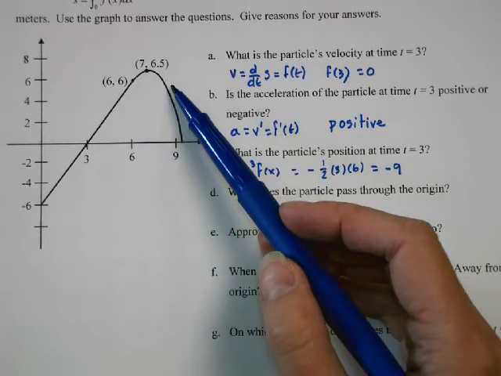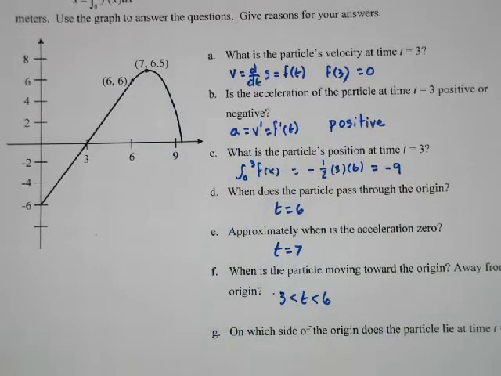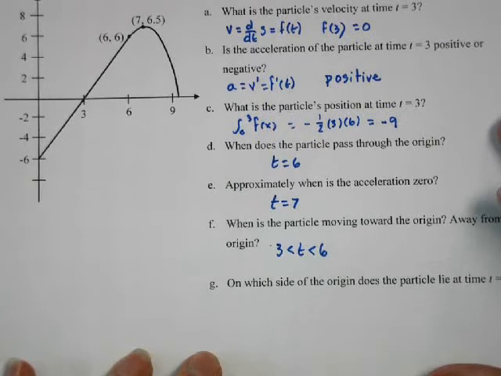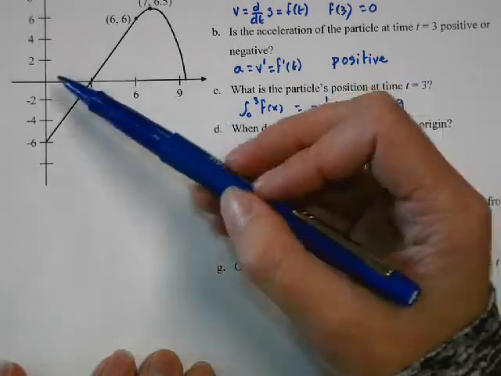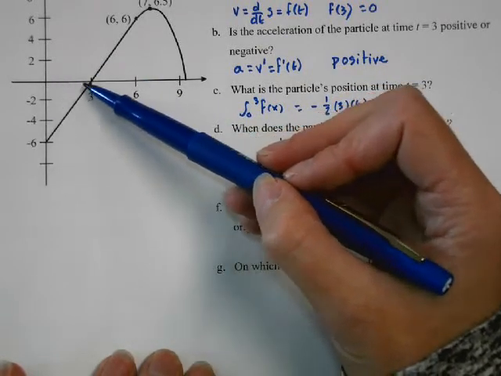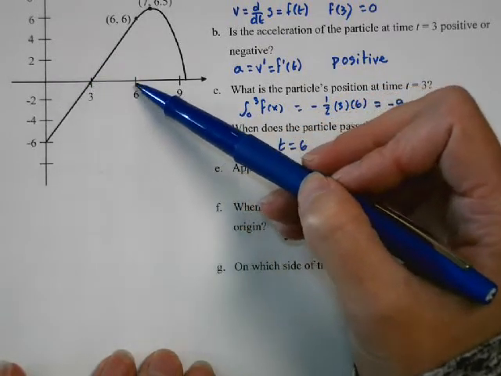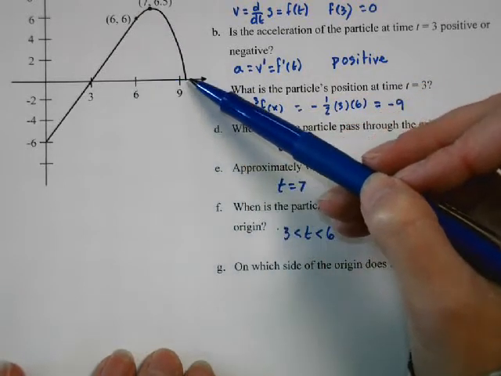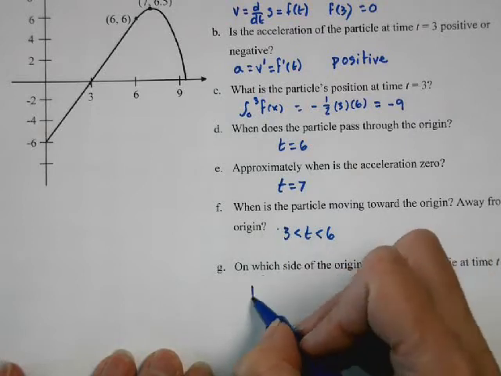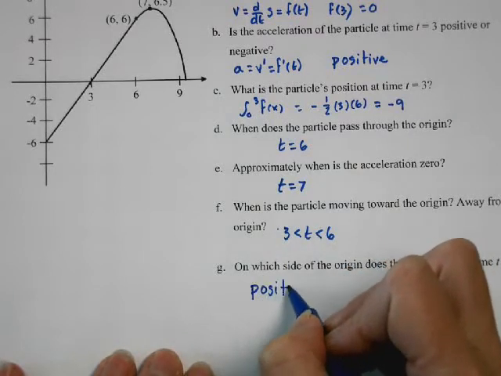Then it adds more positive area, so it's moving away from the origin. On which side of the origin does the particle lie at time t? Again, we're at 0, then we add negative, then we start moving towards the positive. At 6, we're at the origin, and then we're adding more positive area, so this is going to be positive.